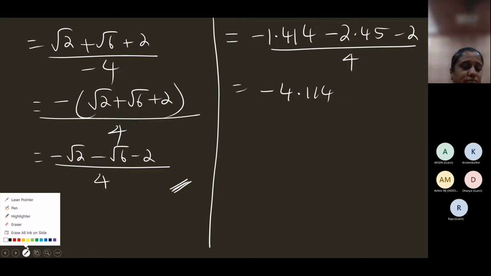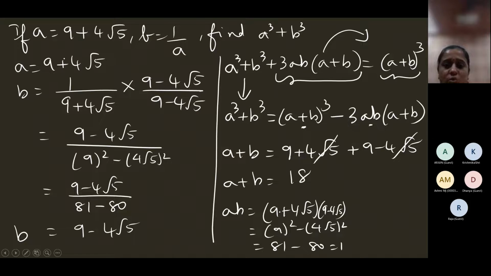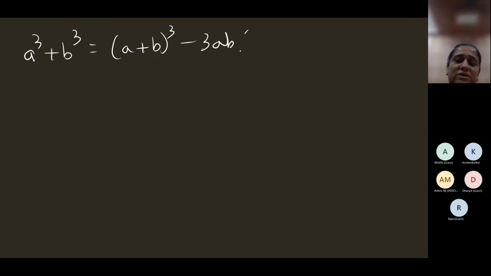Now, actually you are supposed to write the identity now. I just wrote this for you because according to this identity, you need to find the values of a plus b and ab. That's what we found here. We found both. Now a cubed plus b cubed is equal to (a plus b) the whole cubed minus 3ab into (a plus b).